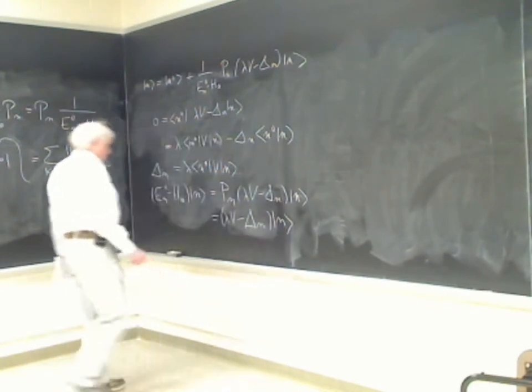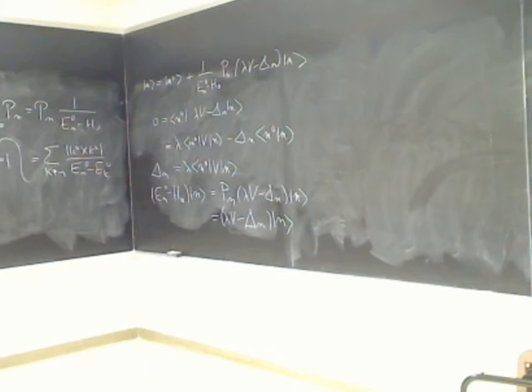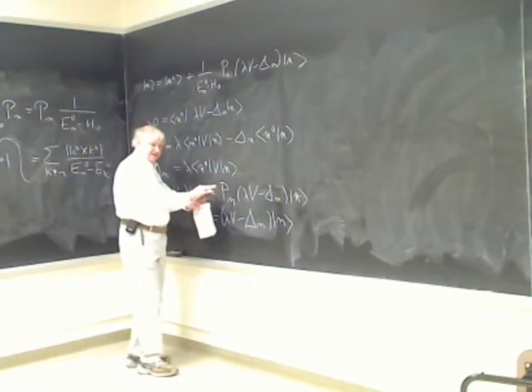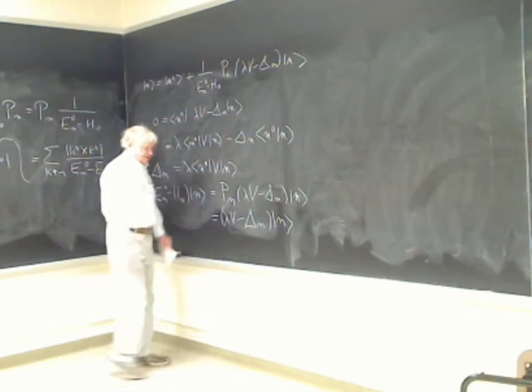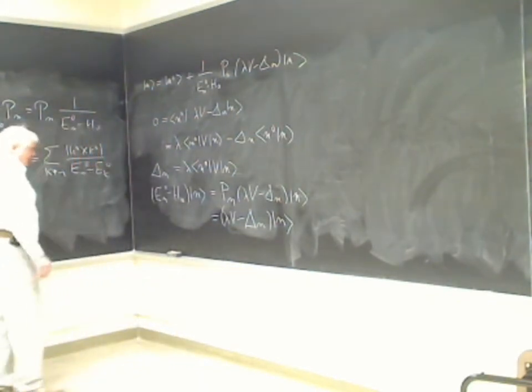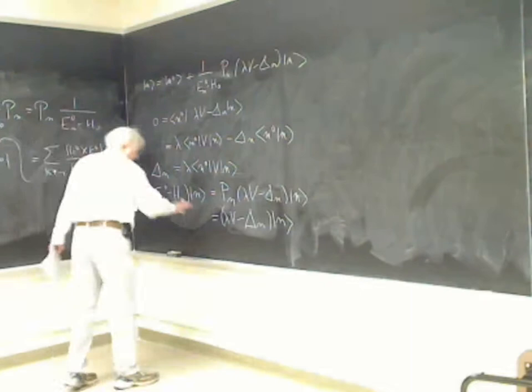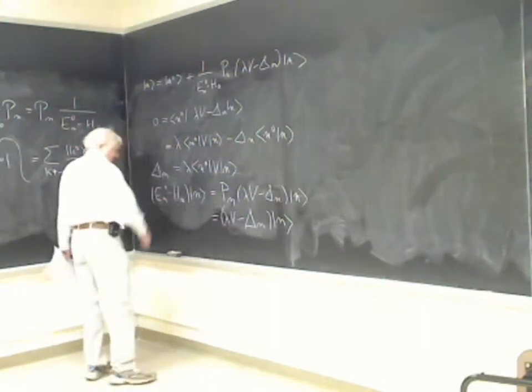That is to say, lambda v minus delta n is already orthogonal to n0, so adding the projection operator that projects onto the subspace that's orthogonal to n0 has no effect. And now if we just unscramble this equation, we move the H0 over here and the delta n over there.